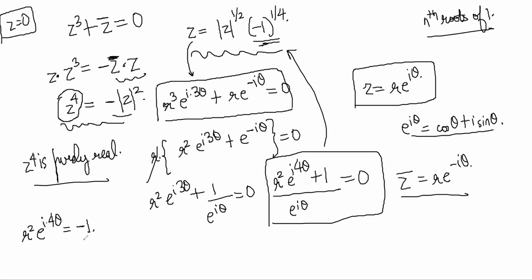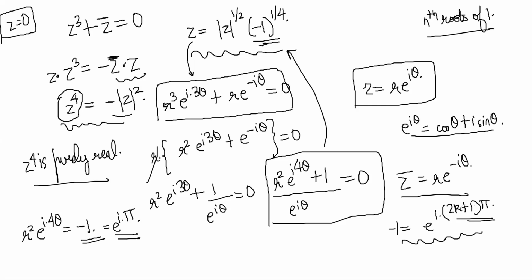So minus 1 can be written as what? e^(i pi), right? Actually, minus 1 can be written as e^(i(2k plus 1)pi), because 2k pi would have given plus 1.